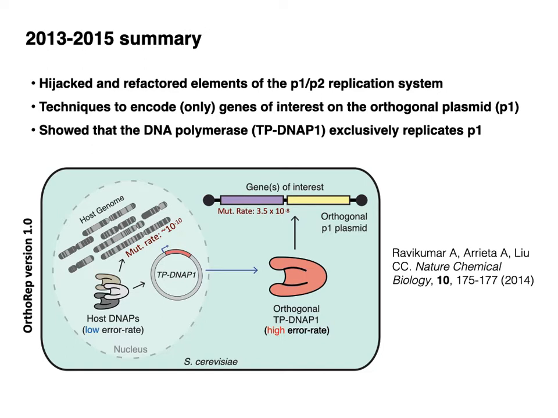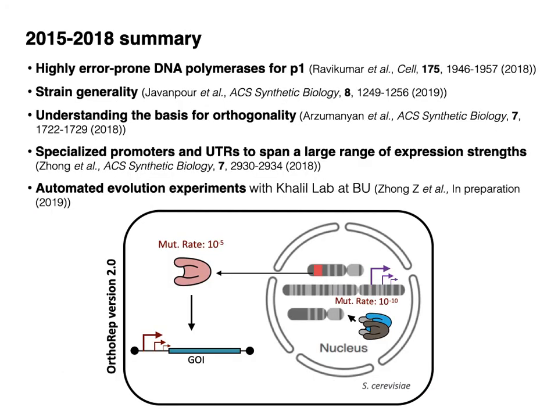And then we did a series of experiments showing that indeed the system was orthogonal, where the special DNA polymerase TP-DNAP1 only replicated the P1 plasmid. This gave us our first version of OrthoRep, which allowed us to engineer the DNA polymerase to have a high rate of mutation on the P1 plasmid compared to the genome. However, this higher rate of mutation wasn't quite high enough to tackle protein evolution.